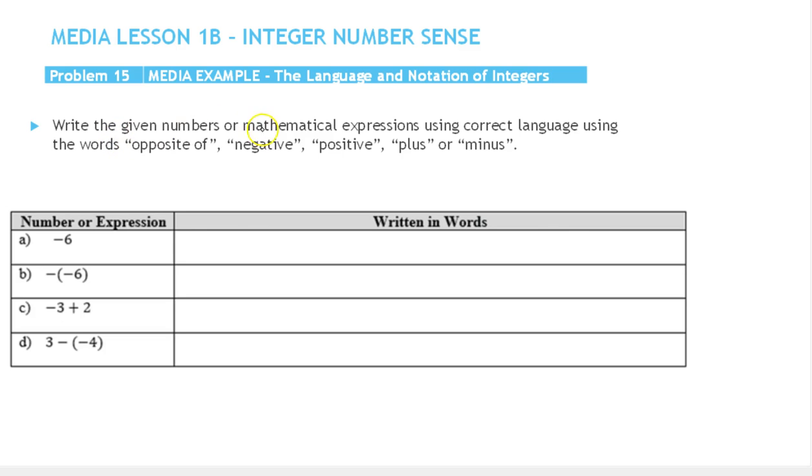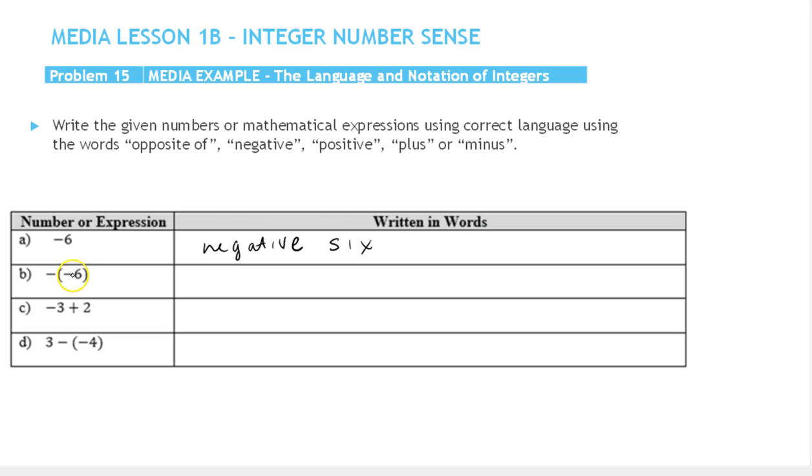Write the given numbers or mathematical expressions using correct language using the words opposite of, negative, positive, plus, or minus. Let's look at the first one. This says negative 6, and there's no parentheses around the 6, so I'm just going to write it as negative 6 as opposed to the opposite of 6, even though they're equivalent.